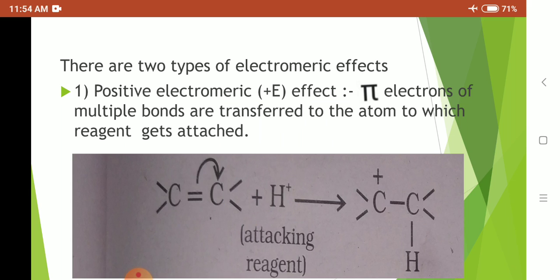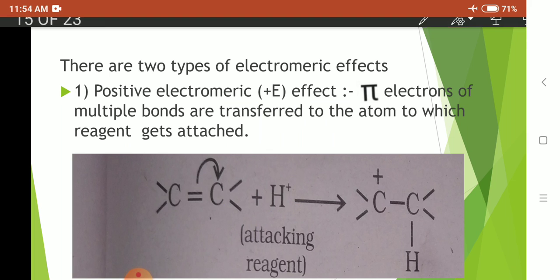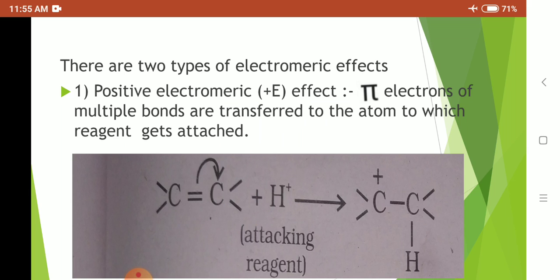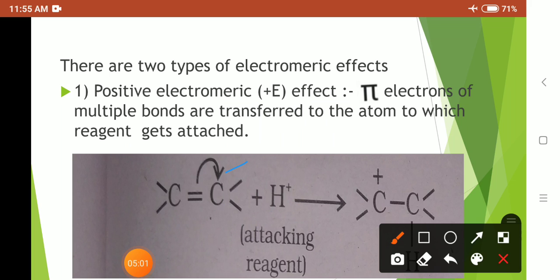That means the pi electrons go to the carbon to which the attacking reagent is going to attach. Here there is a negative charge, so H plus is going to this carbon only.